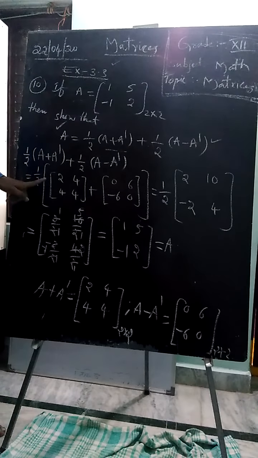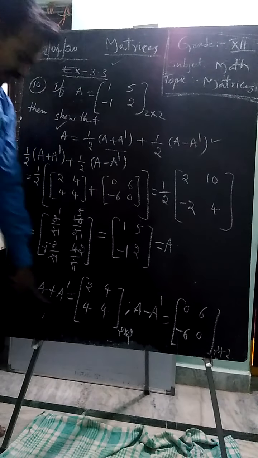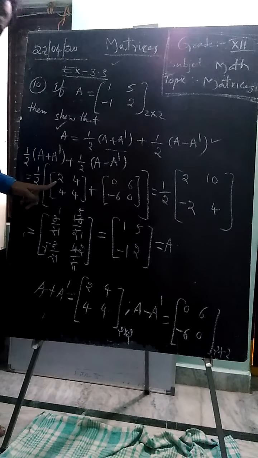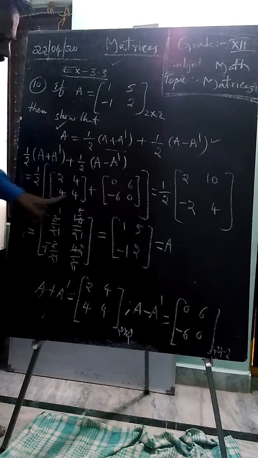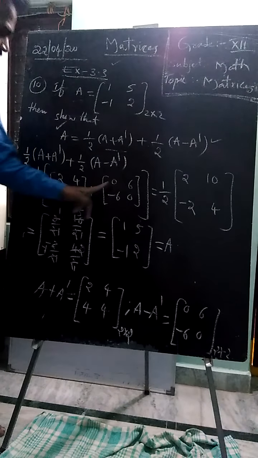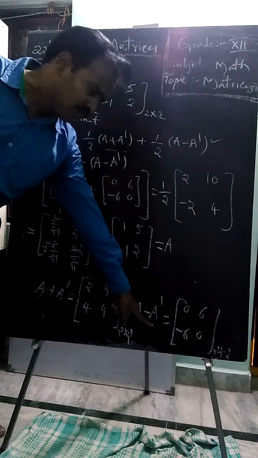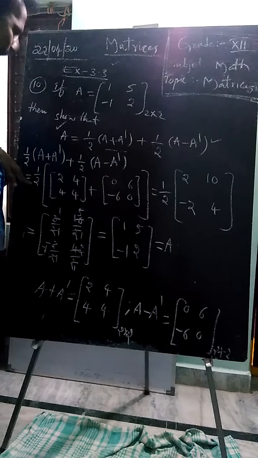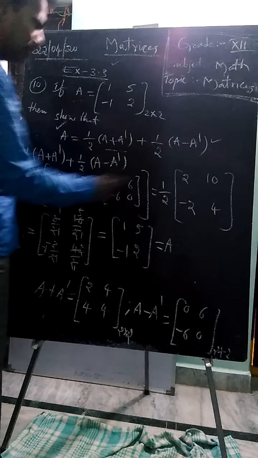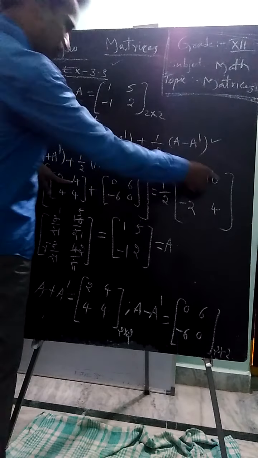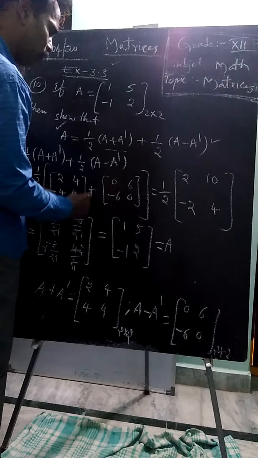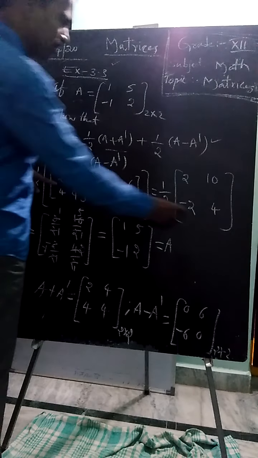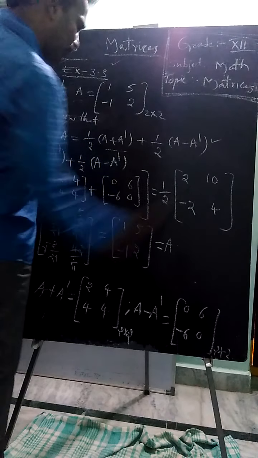We know A plus A transpose is the square matrix of order 2: 2 4, 4 4, plus A minus A transpose, which is 0 6, minus 6 0. Let us substitute: half times 2 plus 0 is 2, 4 plus 6 is 10, 4 minus 6 is minus 2, 4 plus 0 is 4.